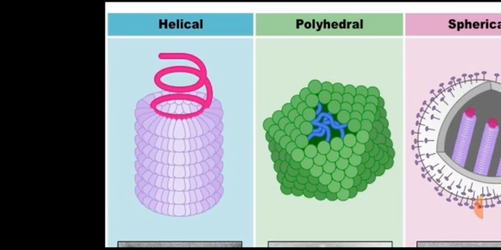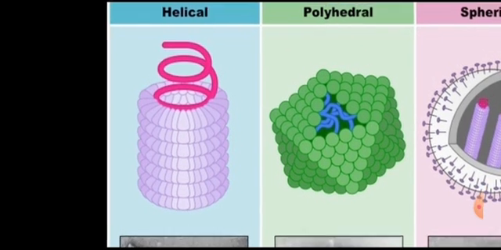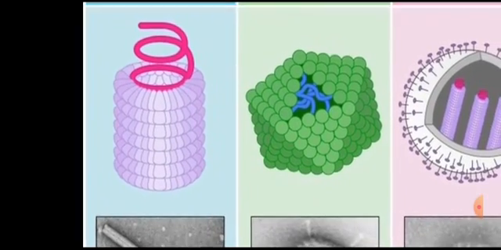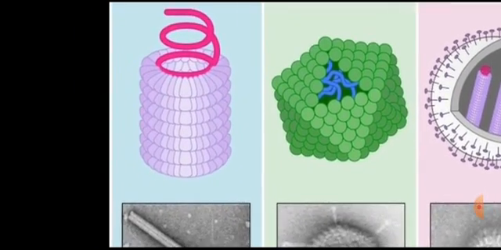It is the helical or rod shape. Here we can see the pink colored proteins that form the capsid in a helical form, and inside there is RNA or nucleic acid which is shown in red color. This is the typical structure of tobacco mosaic virus.